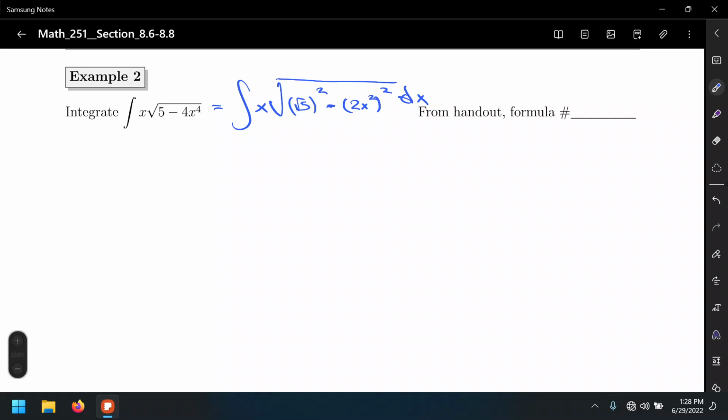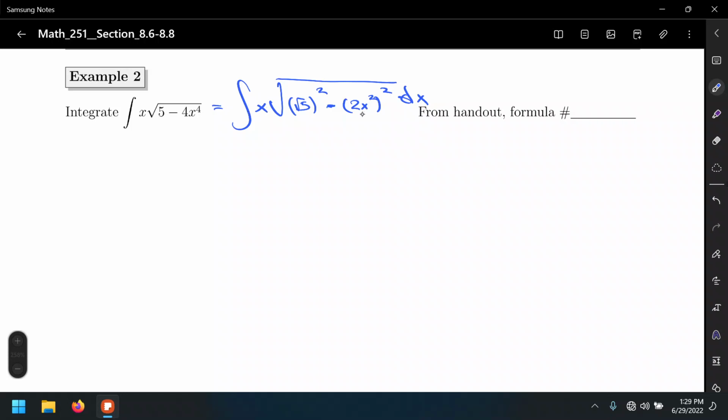And let's see, can we find a formula that works to evaluate this integral? If so, which one? Number 5? Looks like number 5, right? Even though number 5 doesn't have anything outside of the radical.